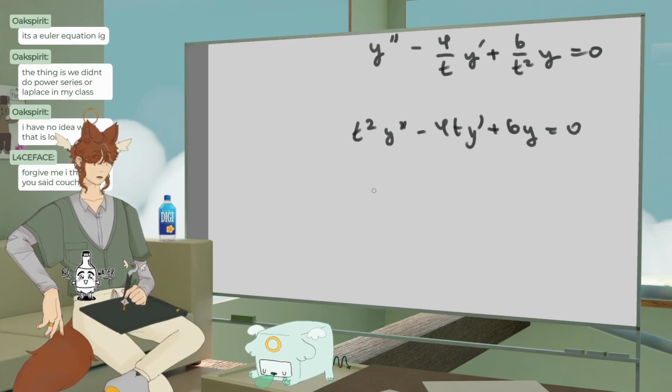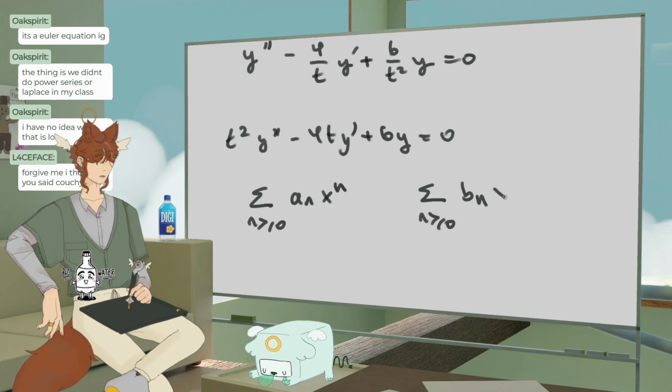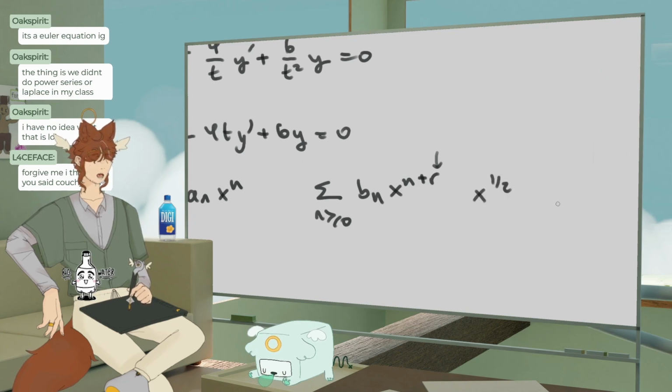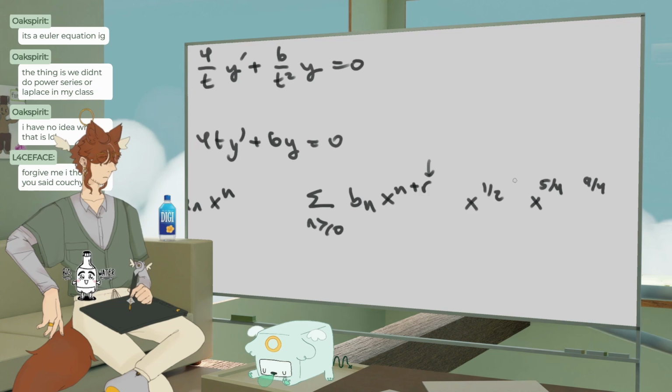So instead of having a power series where we go from n greater than 0 of a_n x to the n, we're going to do a power series of, I'll call it b sub n, of x to the n plus r, where this r value is something that stays the same, and we can create things like power series of x to the 1/2, or power series of x to the 4/5. And then obviously x to the 9/4 would be the next one.